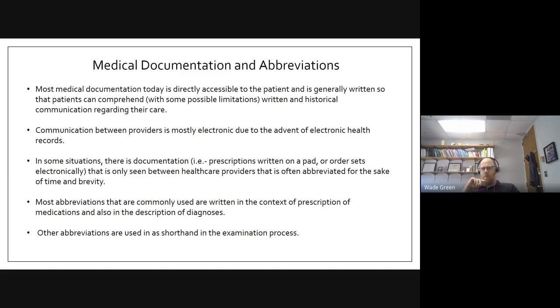Most of the common abbreviations that we see today are in the context of patient care, particularly prescriptions, and also in the description of diagnoses. There are also other abbreviations used as shorthand in the exam process, for example, AXO, alert and oriented. So you'll see all different types of abbreviations utilized in patient care.